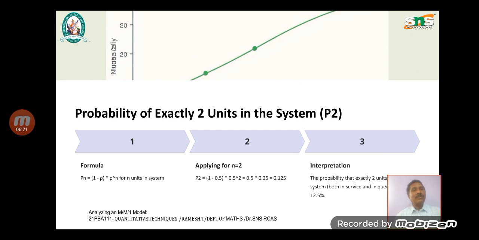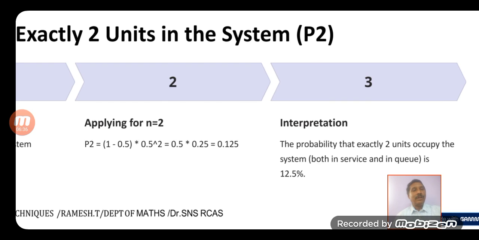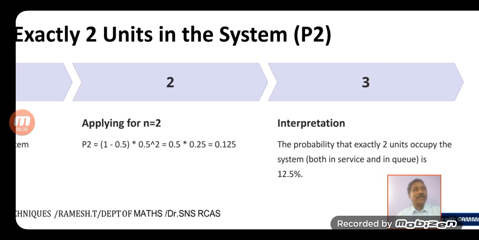So P2 is equal to, we already discussed the value of rho is 0.5, therefore 1 minus 0.5 into 0.5 power 2. After reducing that we get this value, 0.125. Interpretation: the probability that exactly 2 units occupy the system, both in service and in queue, is 12.5%.